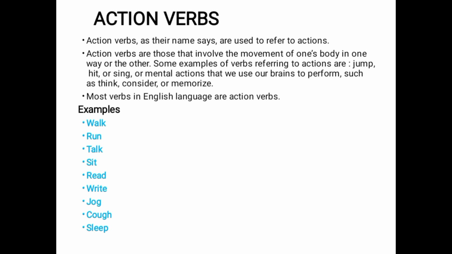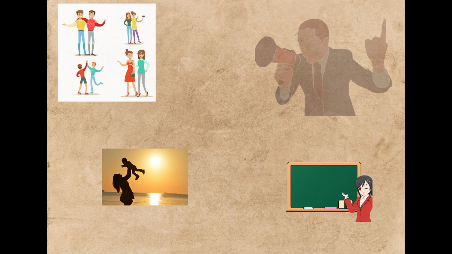Action verbs. Action verbs, as their name says, are used to refer to actions. Action verbs are those that involve the movement of one's body in one way or the other.